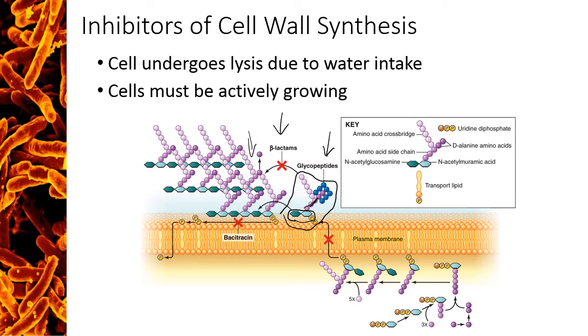Both beta-lactams and glycopeptides prevent this cross-linking from happening, so we can't build that new peptidoglycan wall. However, the beta-lactams do it by inhibiting the enzyme that catalyzes this reaction, whereas glycopeptides interfere by physically binding to the peptidoglycan, preventing it from being able to attach to that growing peptidoglycan cell wall.